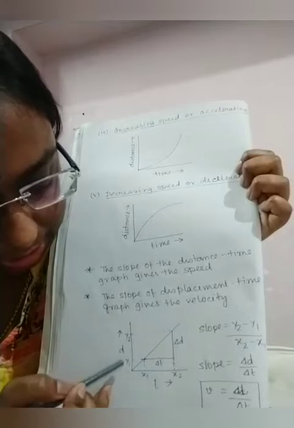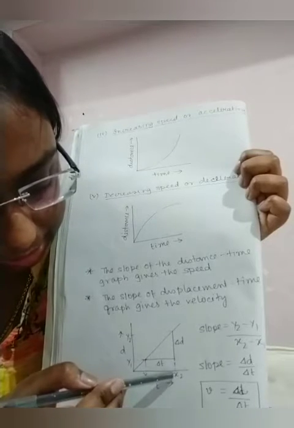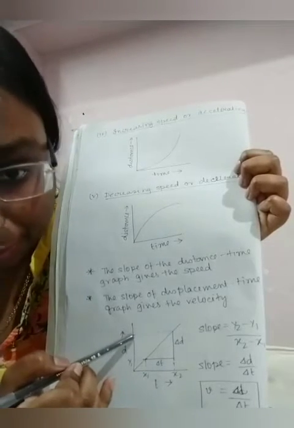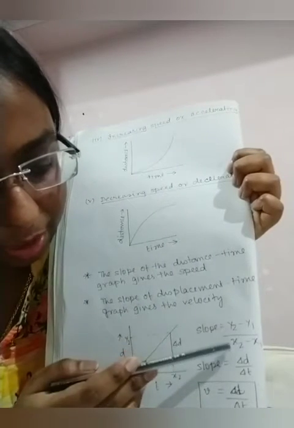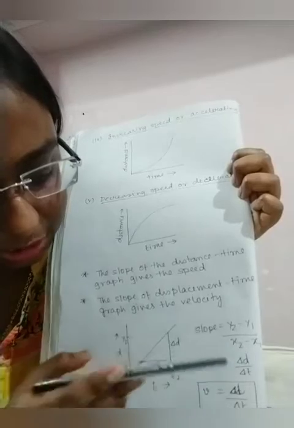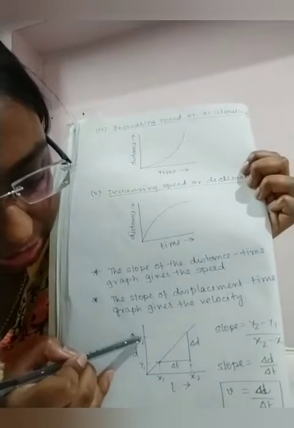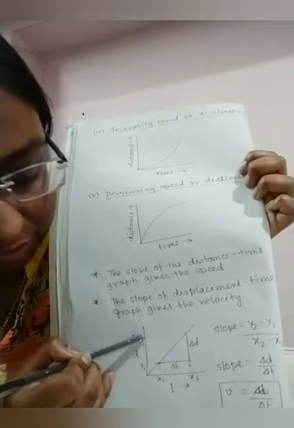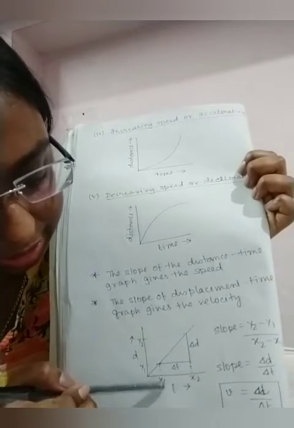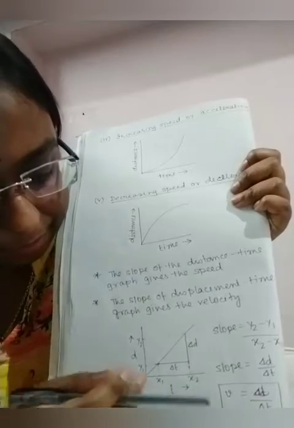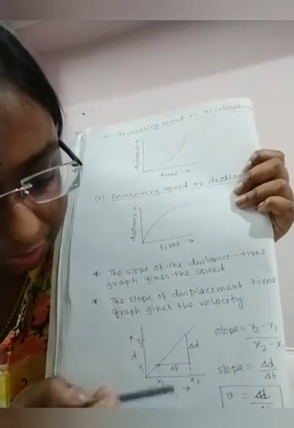Here the distance is y1 and at time x2 the distance is y2. Now the formula for slope is y2 minus y1 by x2 minus x1. So we have to take this point, whatever the marking is here, we have to take it y2 minus y1 by x2 minus x1.